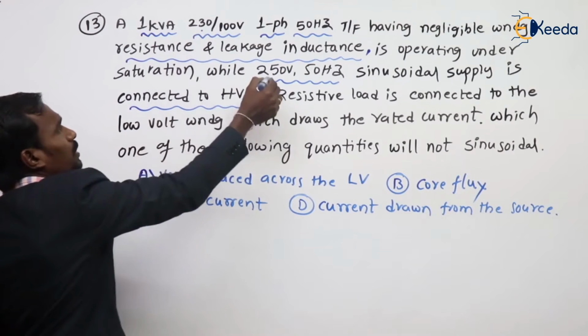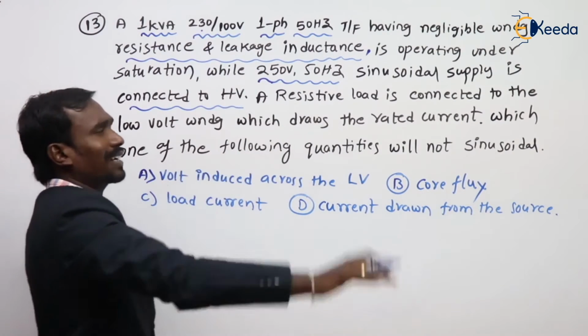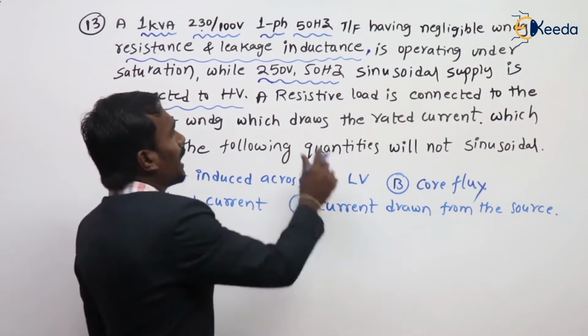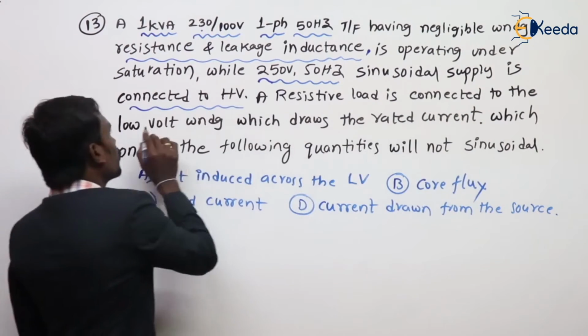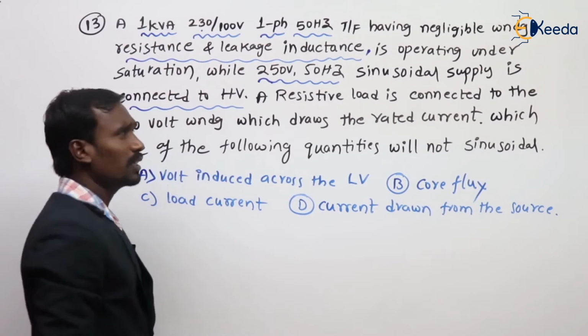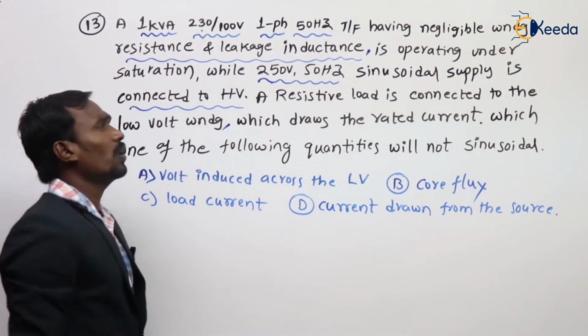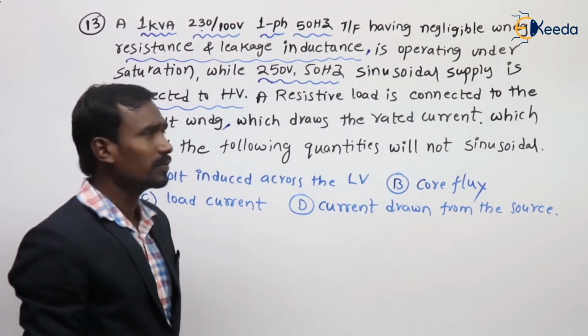A resistive load is connected to the LV side of the winding.